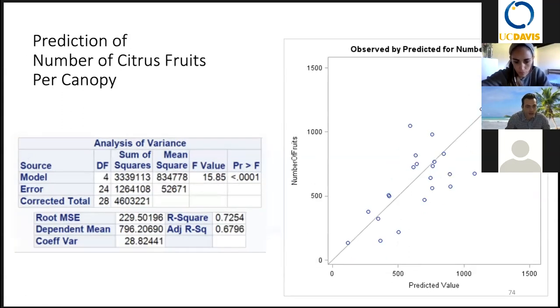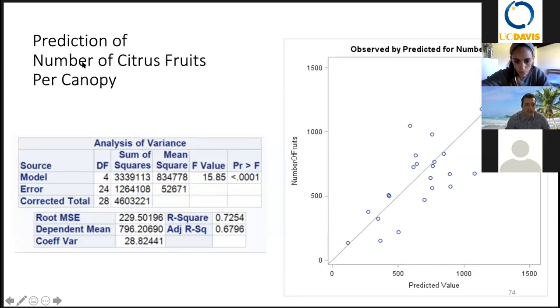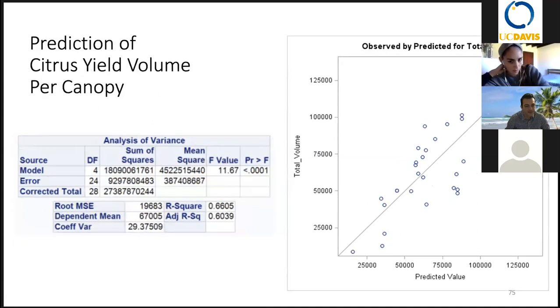Okay, so that's for yield. We can also predict the number of citrus fruit per tree with even better prediction accuracy, about 72%. And we could also estimate yield volume.